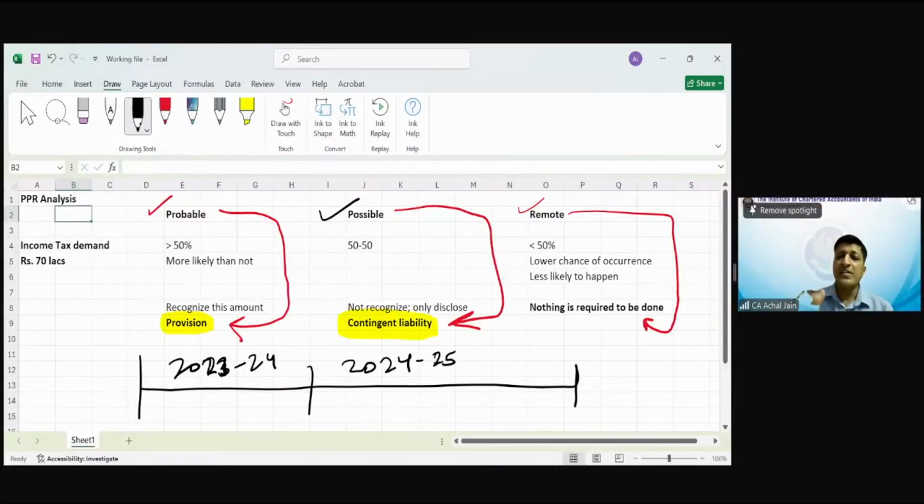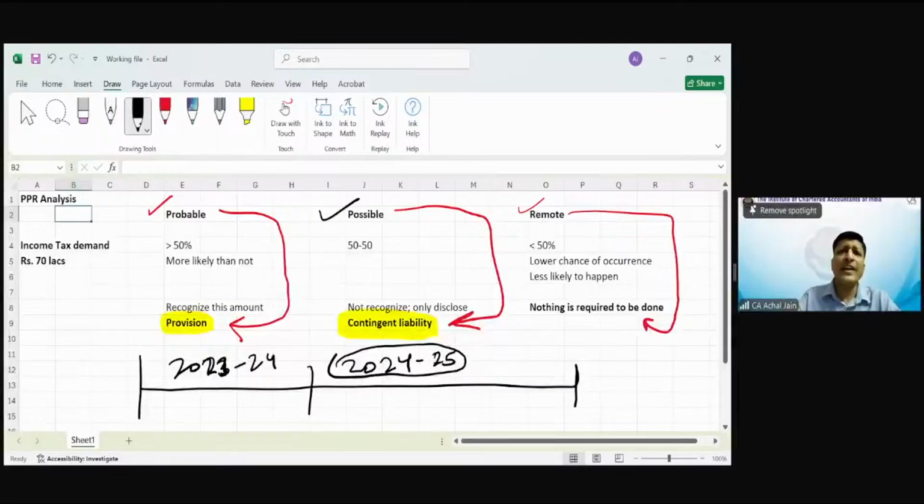As far as your financial year 24-25 is concerned, now because the company has lost the case, the company will decide whether it wants to go to a higher authority or not. If the company wants to go to a higher authority, again the company will do a similar sort of assessment.